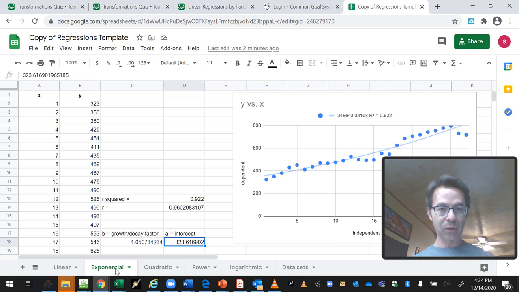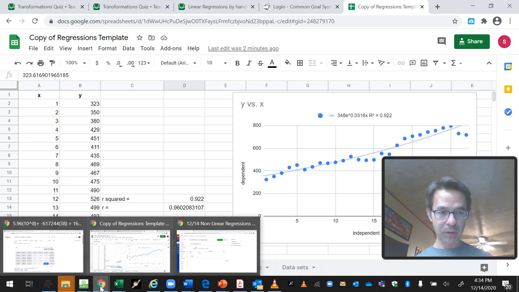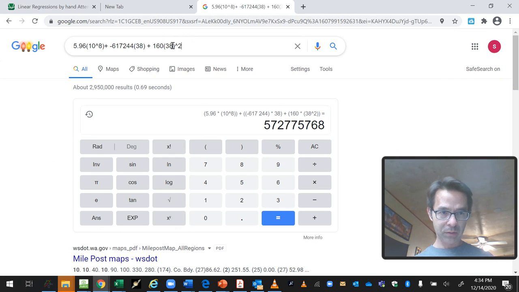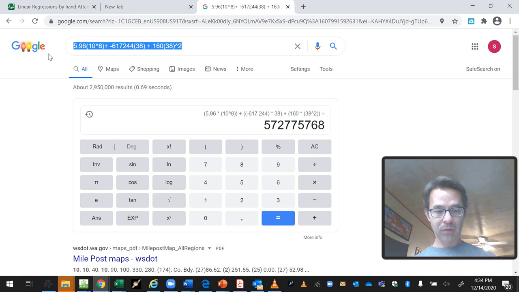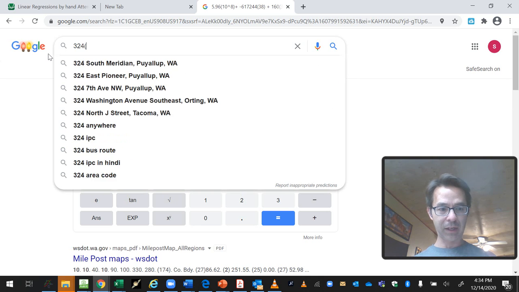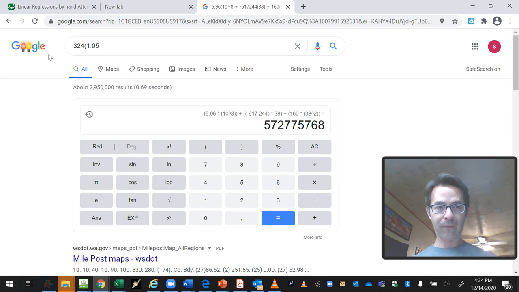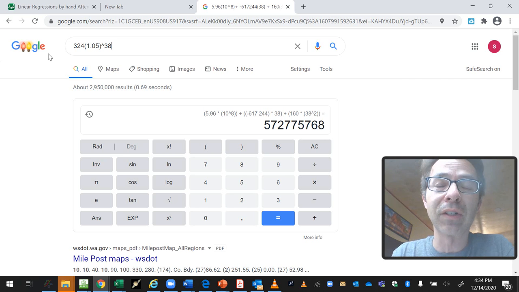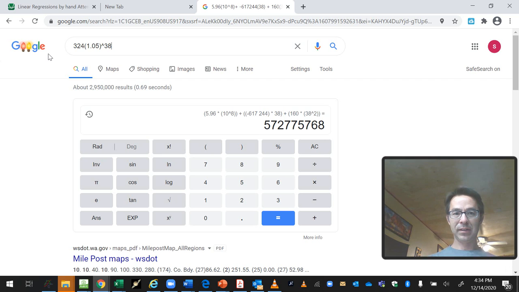Let's see, so 323, I'm going to use 324, and I'm going to use 1.05. 324 times 1.05 to the power of 38. Remember, 38 is 38 years after 1971. Cross my fingers.